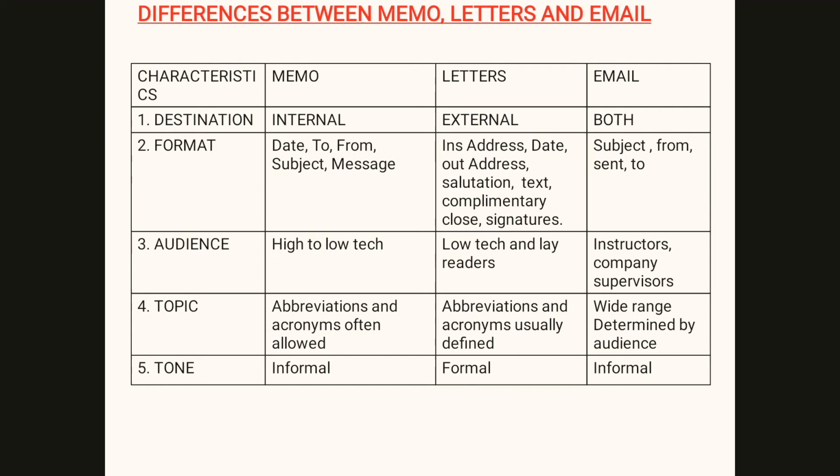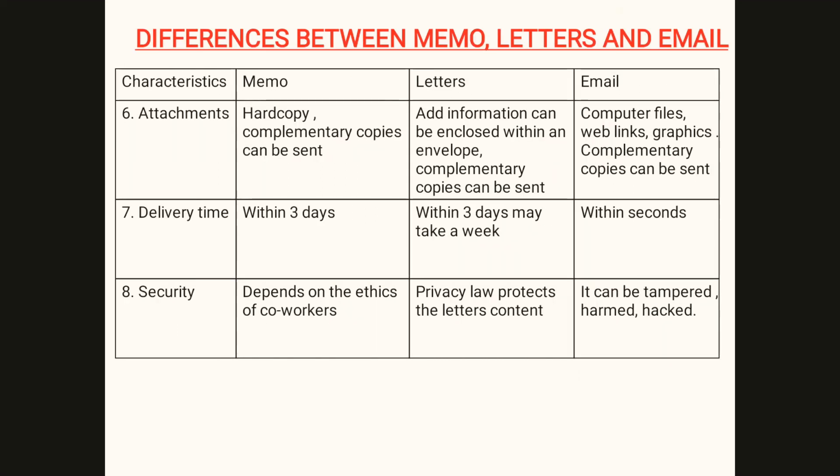Next is topic, where abbreviations and acronyms are often allowed in memos. Abbreviations and acronyms are usually defined in letters, and a wide range of topics is determined by the audience in email. Regarding the tone, there is an informal tone in memos, formal in letters, and informal in emails.